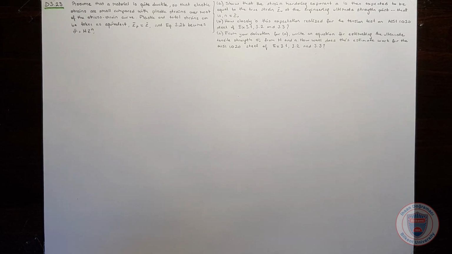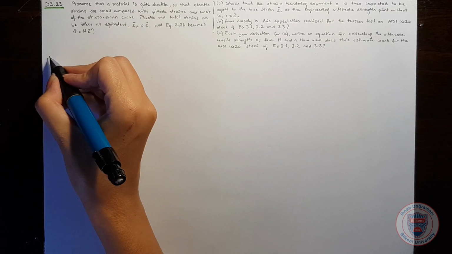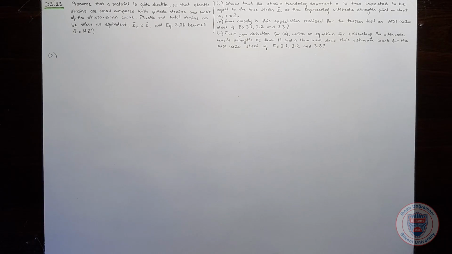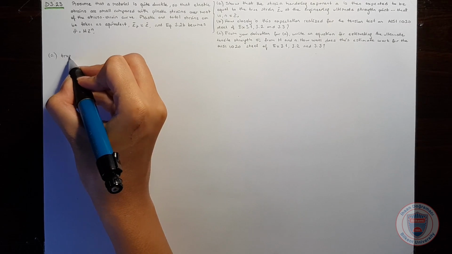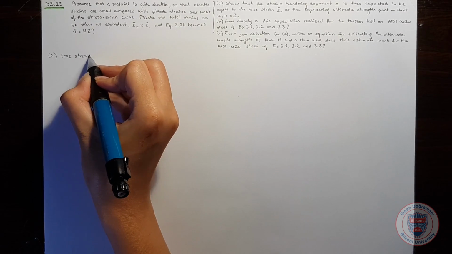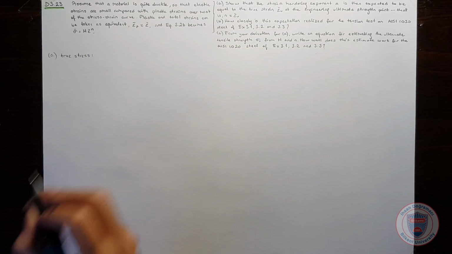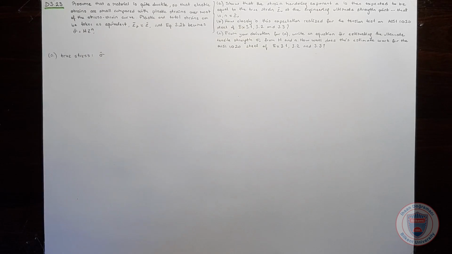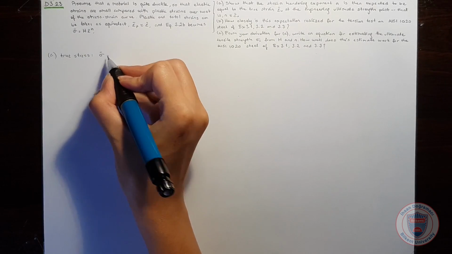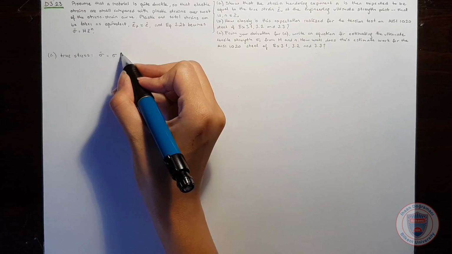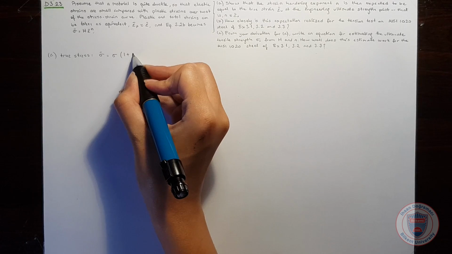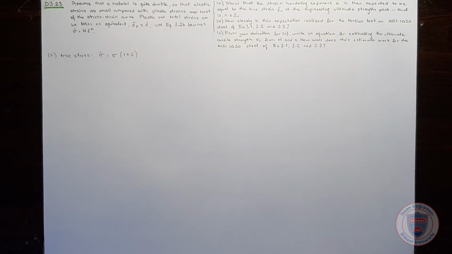Let's start writing the equations for true stress and true strain. As you can see in your notebooks, true stress, which is sigma bar, is equal to the engineering stress times 1 plus engineering strain.